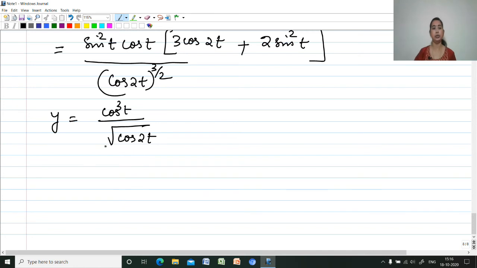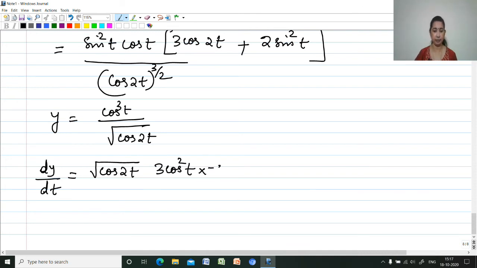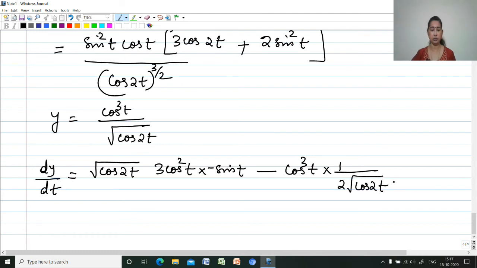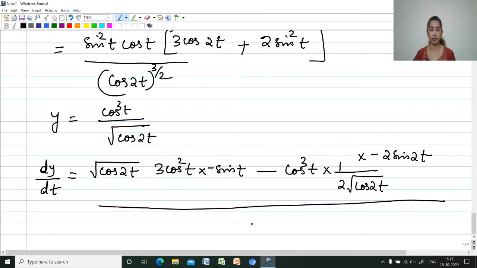Again applying quotient rule, dy by dt is equal to denominator into root of cos 2t into 3 cos square t into derivative of cos is minus sin t, then minus cos cube t into 1 by 2 root of cos 2t into derivative of cos 2t is minus 2 sin 2t, whole divided by cos 2t.